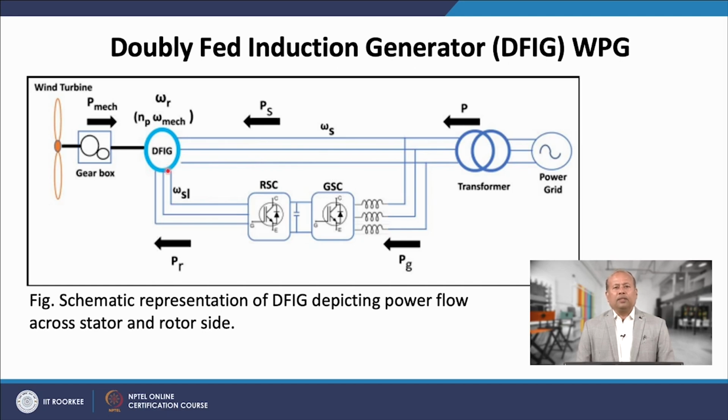However, this is only possible if the rotor operates at synchronous speed. In a practical scenario, the speed of the generator keeps varying from sub-synchronous speed, say in the morning hours when the wind speed is low, to super-synchronous speed in night hours when the wind speed is extensively high.